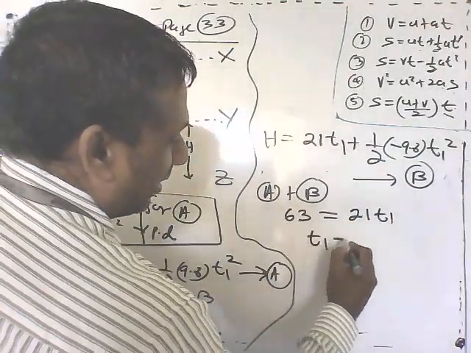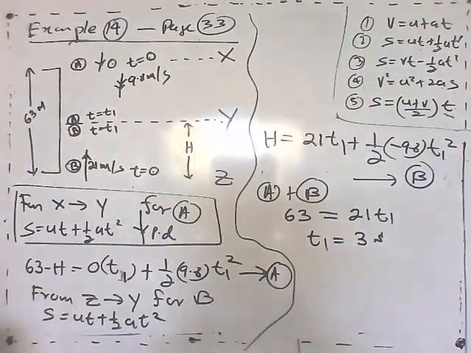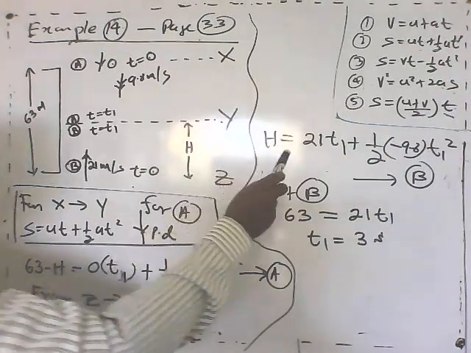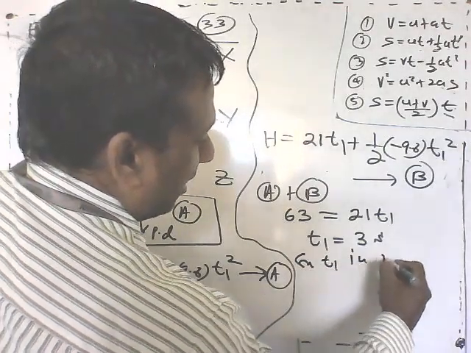So t1 equals 3 seconds. But what we want is the height. So we can substitute t1 in equation B.